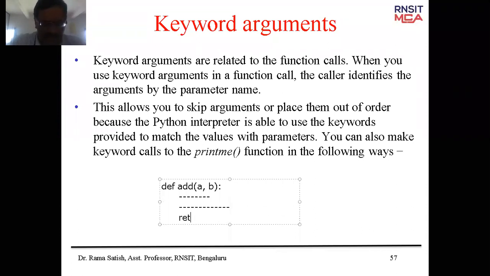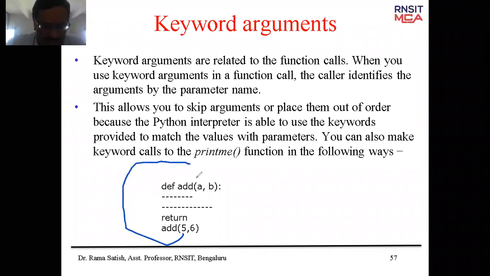This is a function you have written. Whenever you make a function call to this function, you give add 5 comma 6. When you give it like this, automatically the first argument always goes and sits in A, and the second argument always goes and sits in B.